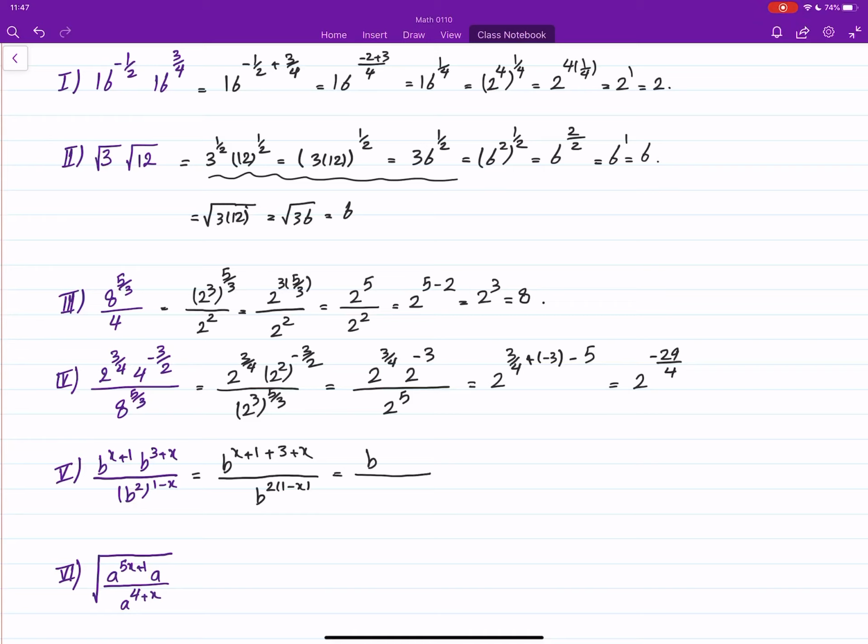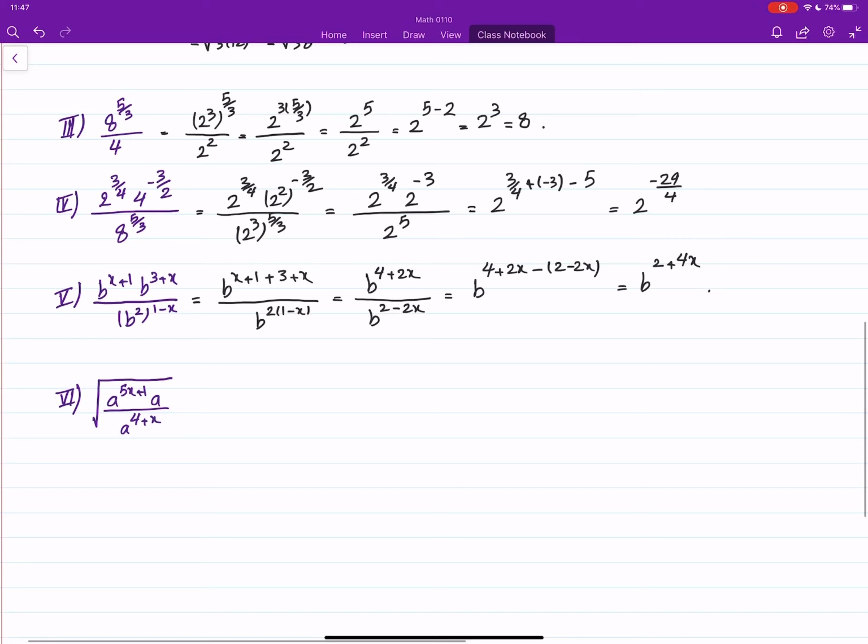So this gives us b to the power 4 plus 2x, over b to the power 2 minus 2x. Now you have two expressions divided, same base, so we subtract the exponents. And that gives us b to the power 2 plus 4x.